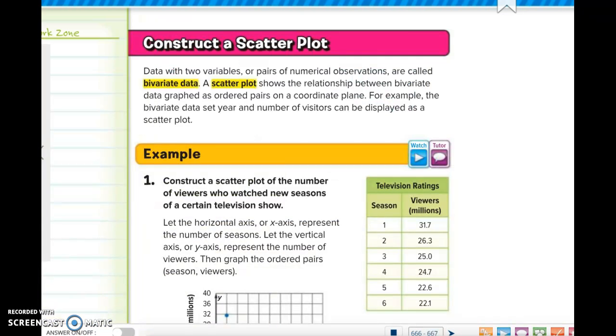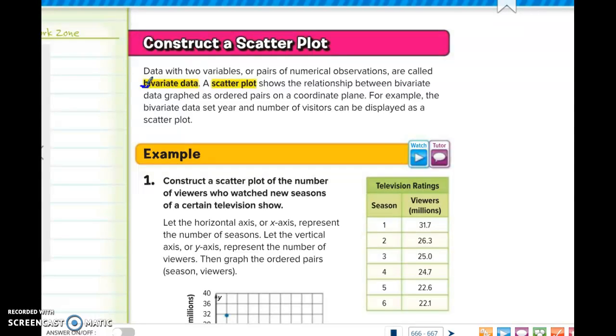All right, we're going to go ahead and flip the page and talk about some vocabulary. So up at the top, we're going to talk about constructing a scatter plot. So it says data with two variables or pairs of numerical observations are called bivariate data. Okay, bi means two. Because a bicycle has two wheels.